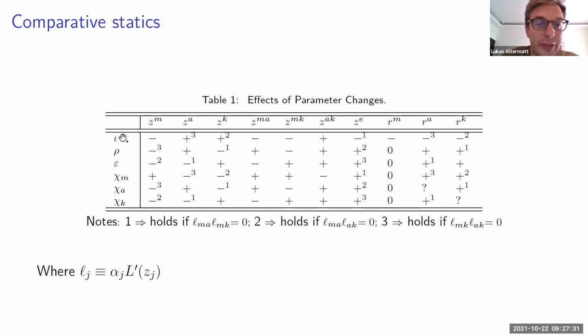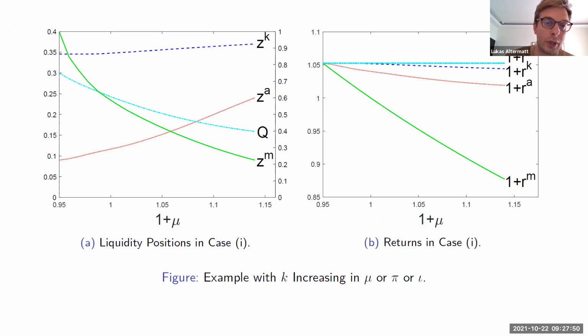The cross effects, there we have these numbers, and they say that we know it's positive under some conditions. I'll go into more details on that on the next slide. Basically, the direct effects are unambiguous. The cross effects depend on how these assets interact in other meetings. So here's an example. On the x-axis, we vary inflation, so we make money less attractive.